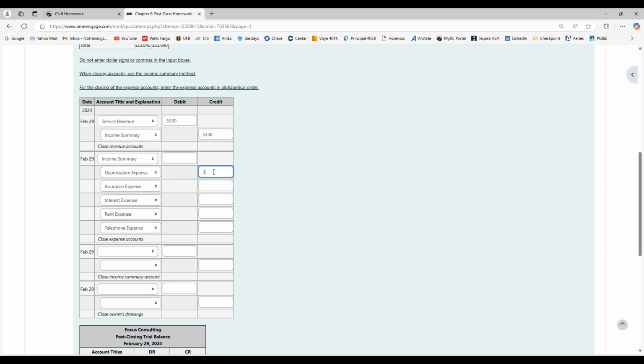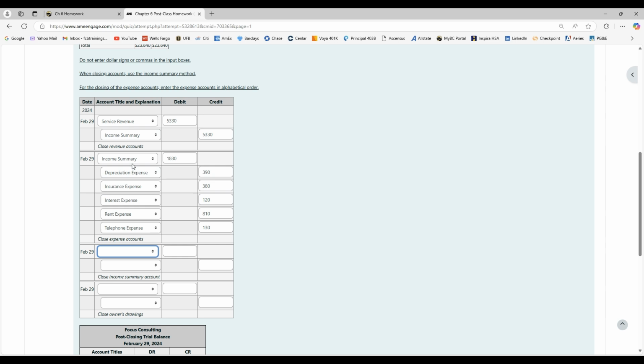So let's see, 390, 380, 320. Okay, and then we're going to add all those together so we know how much is going to go into the income summary. So I have 1,830.